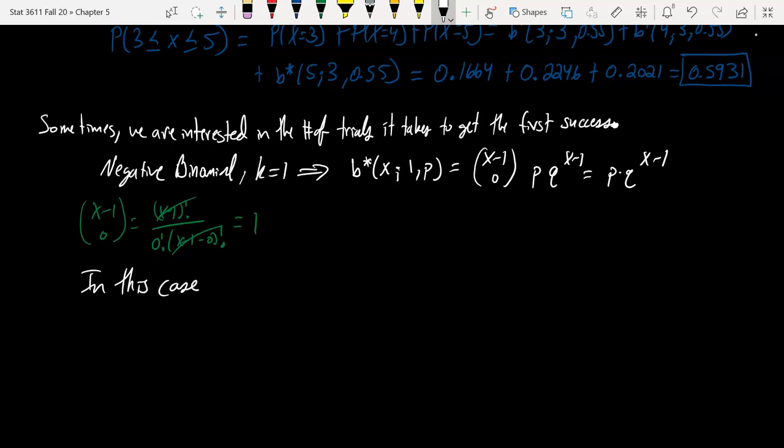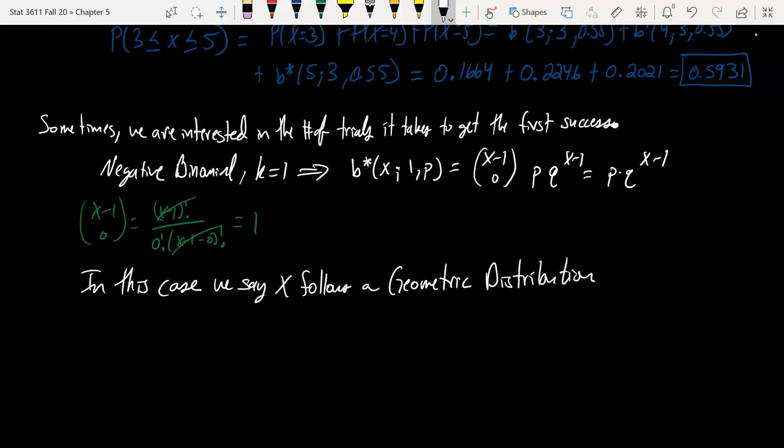So in this case, we say x follows a geometric distribution with probability mass function g for geometric, x, success probability p, is p times q to the x minus 1.